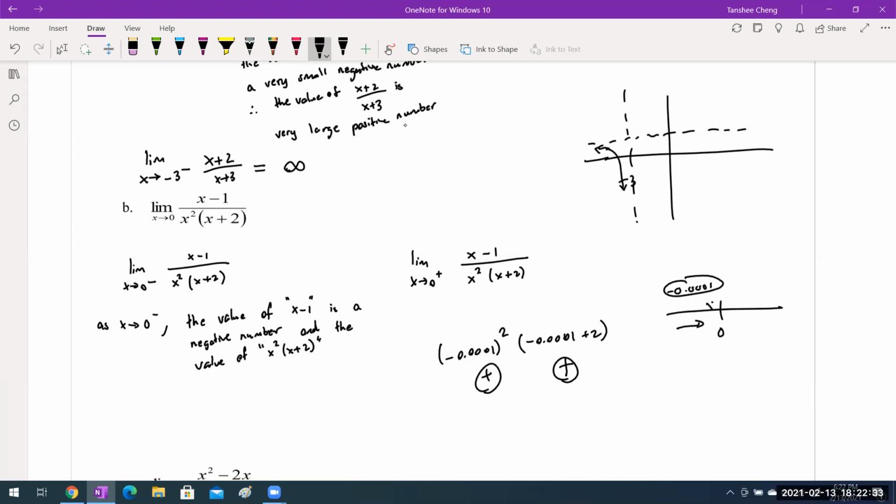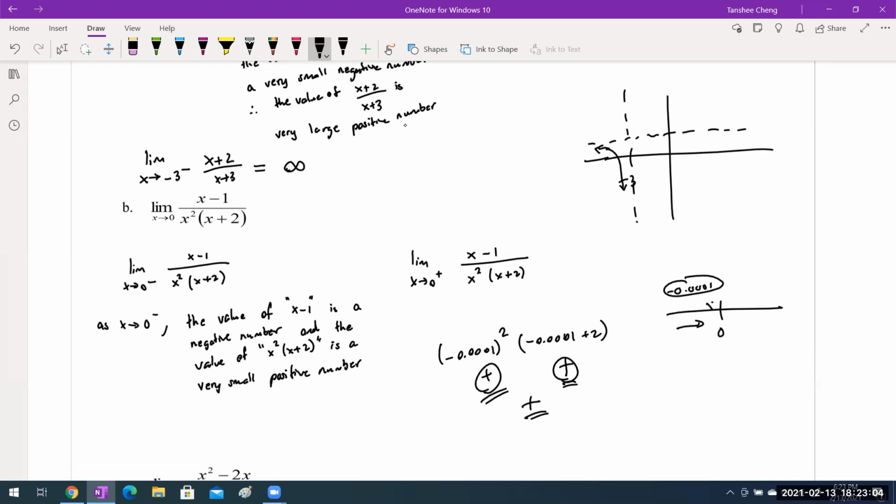A positive number times a positive number is a positive number. Because a very small decimal number times another number is still a very small positive number. So from here, I can say that the value of x squared times x plus 2 is a very small positive number.